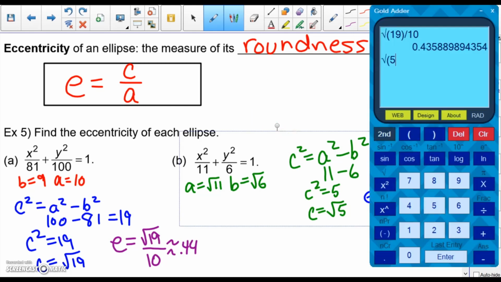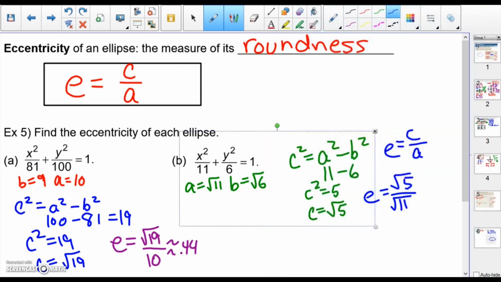So square root of 5 over square root of 11, which is about 0.67. Now, one thing to notice about eccentricity is the closer to 0 you get, the more round it is. So if you had an eccentricity of 0, it would be a circle.